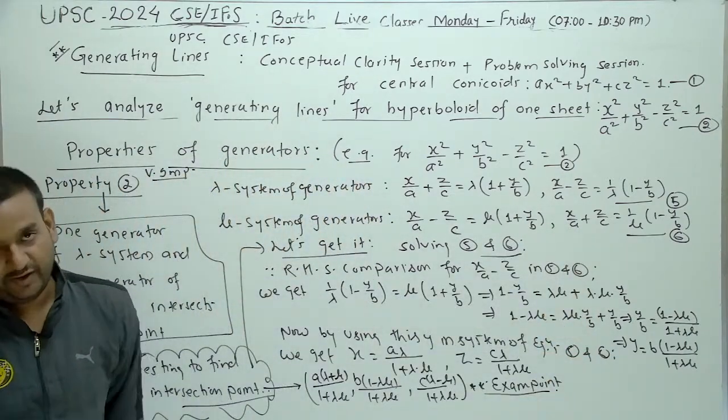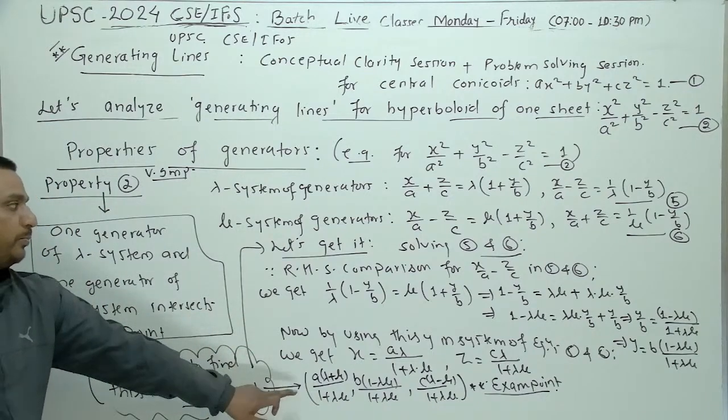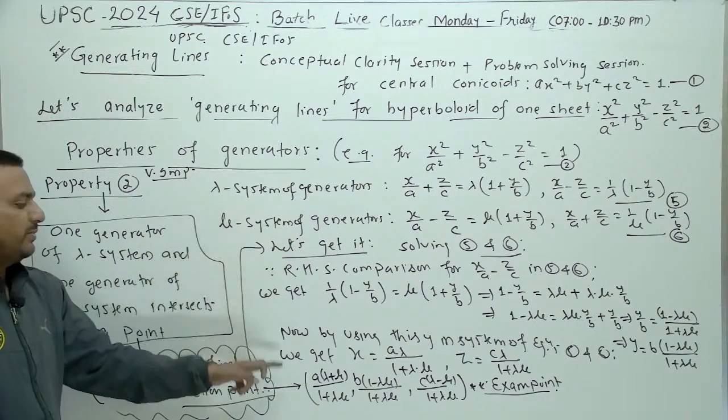If you want to cross verify, please write that. So intersection point of one generator of lambda system, one generator of mu system is given by this.